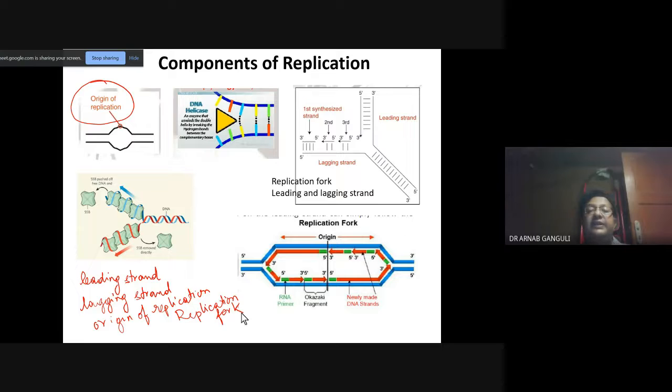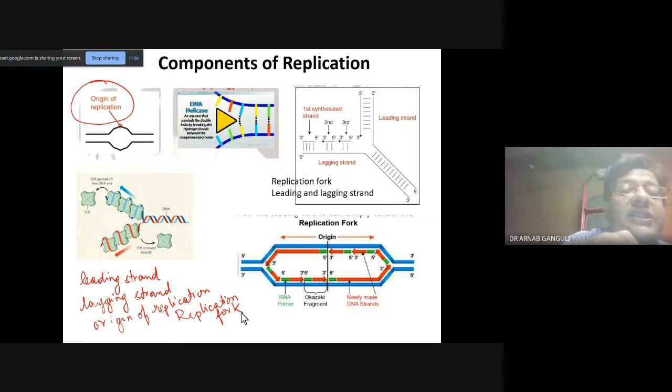We are clear with it. So this is the origin of replication.